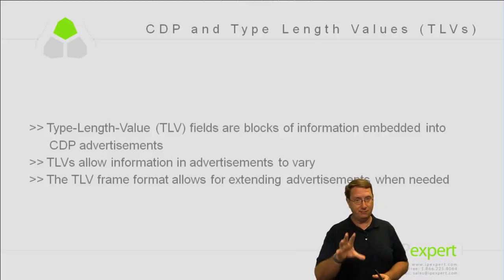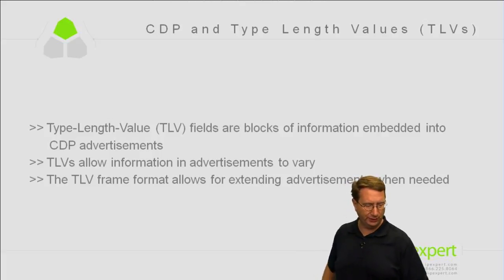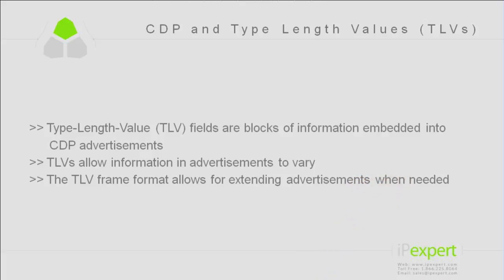Now, we'll talk about some of the messages that are going to be communicated, but before we do that, I want to look at this method. I want to look at this TLV methodology, because what ends up happening is TLVs, type length values, are actually going to be blocks of information, and we can embed those blocks of information into our CDP advertisements.